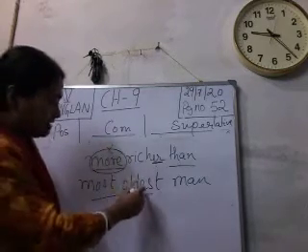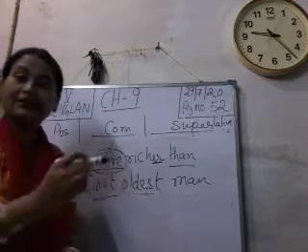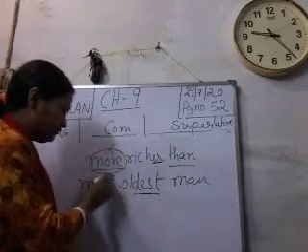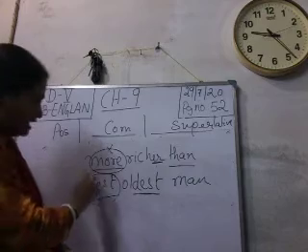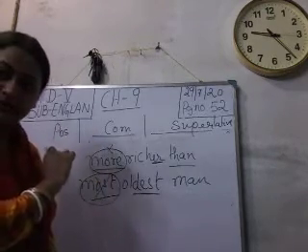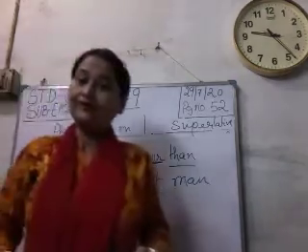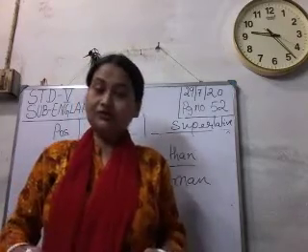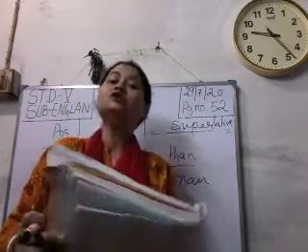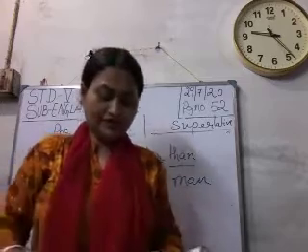Same way, here I am writing oldest. Oldest is the superlative degree of old. So I am already writing oldest, then why use most? I will not use most here. So we have to avoid this also. We should never use double comparatives or double superlatives. So what will we write?